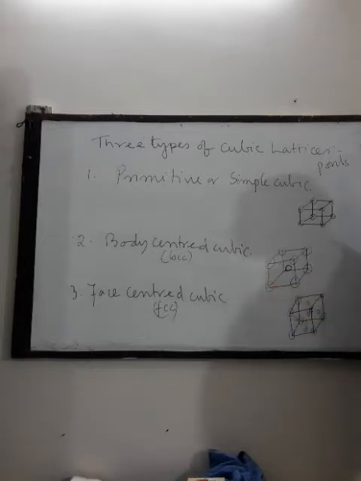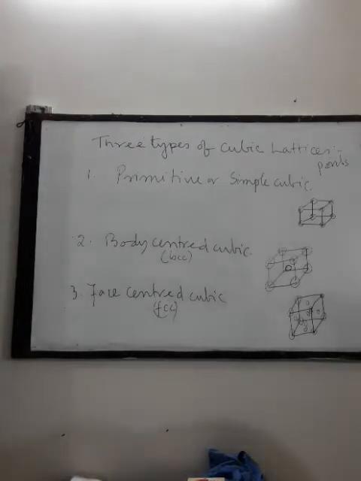And last one is called face-centered cubic unit cell, FCC, where atoms, molecules or ions are present at 8 corners like the previous two, and in addition 6 points are present at the center of 6 faces. So this is called face-centered cubic unit cell, also known as FCC.